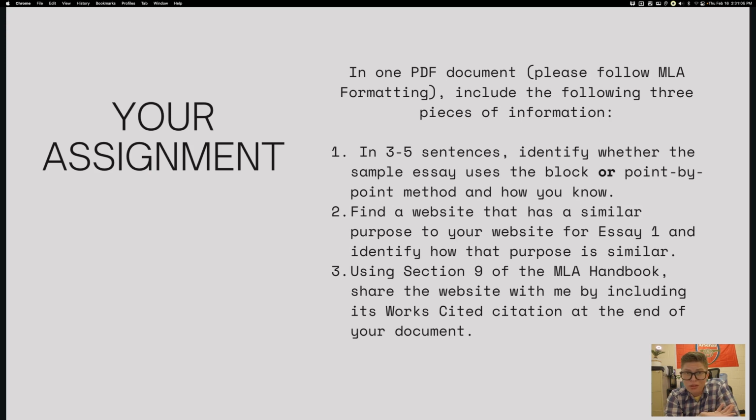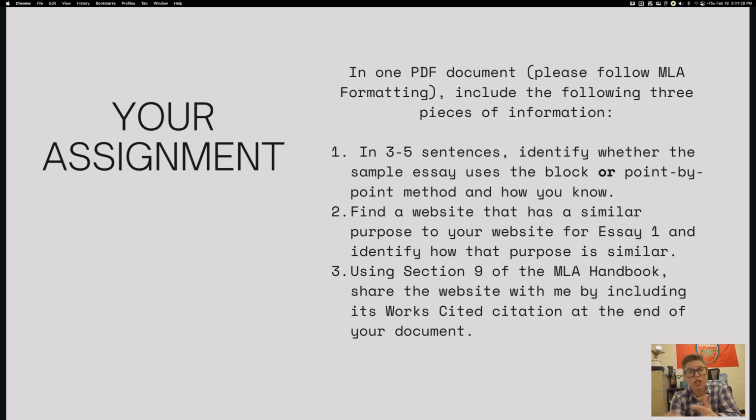Once you do that, you've got 3 parts of your thesis statement. And all you need to do is pick out a difference or 2 differences, right? And then the final part is using section 9 of the MLA handbook, share the website with me that you've chosen to compare your created website with, okay?